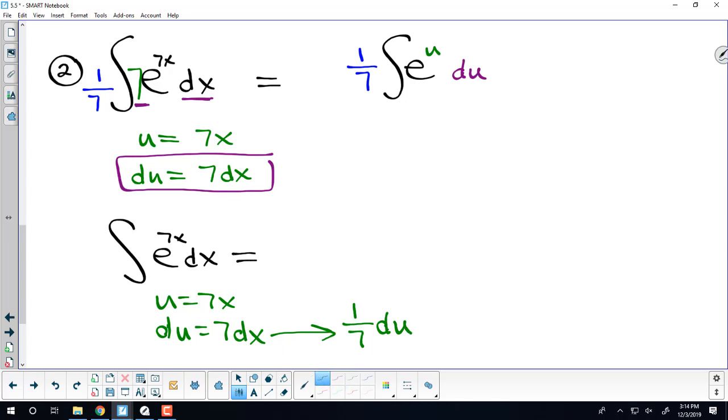So that this turns into the integral of e to the u times 1/7 du, which is the same thing as we have here. Some people like to do it the other way, where they add the constant in and then multiply by its reciprocal. That's totally fine, but either way you look at it, it's the same thing that you're doing.